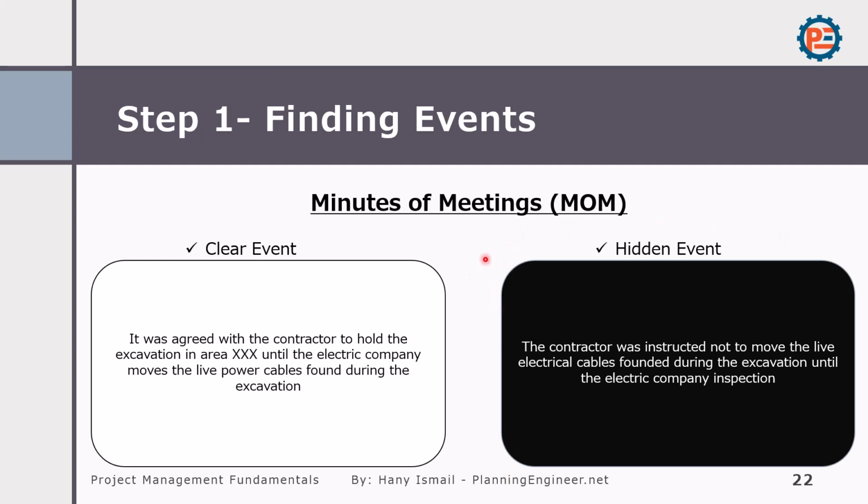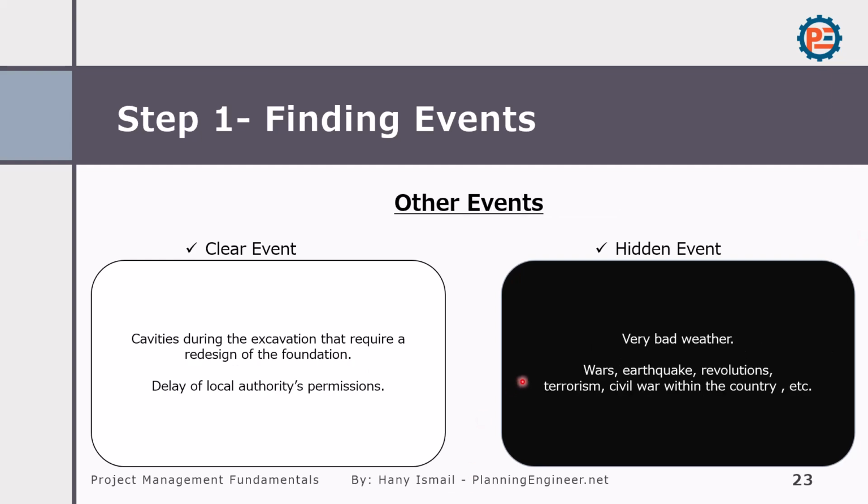If I'm in this project, I would ask the project manager immediately to send an official letter: according to the minutes of meeting, line blah blah blah, we are setting this area on hold until further notice. Also, a final example here: cavities were found during the excavation, and it is a clear instruction that a cavity during the excavation requires a redesign of the foundation, and a delay of local authorities' permission.